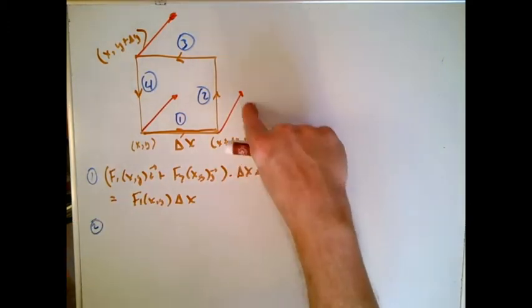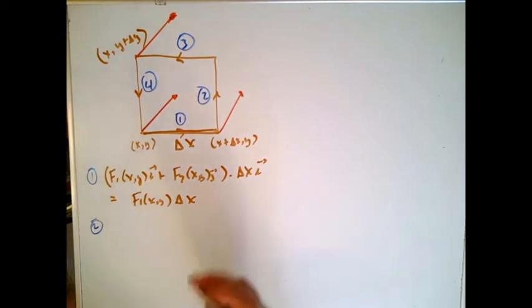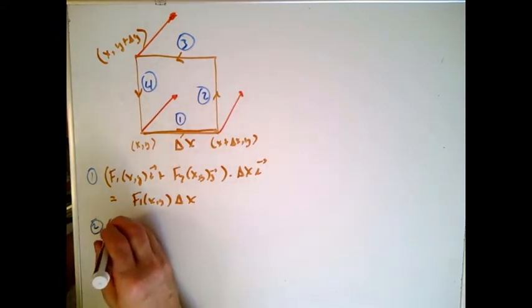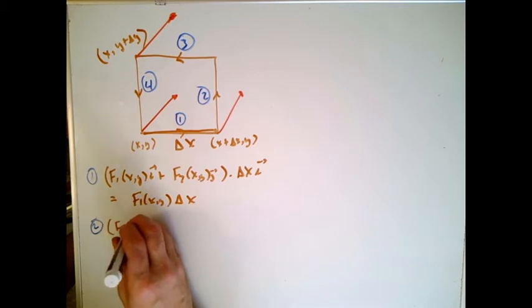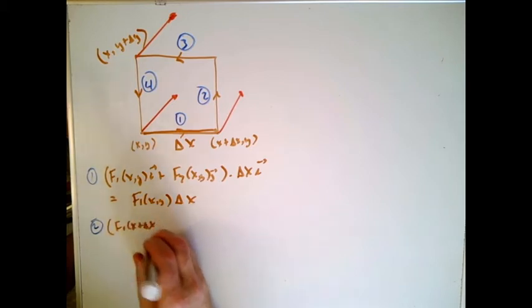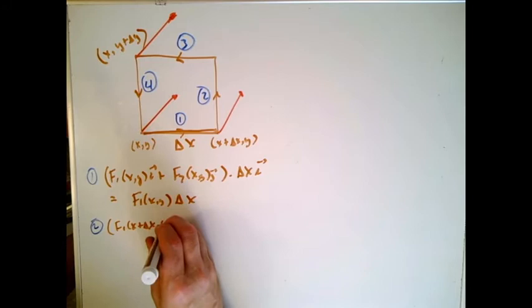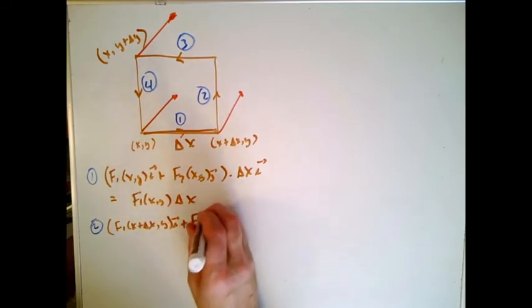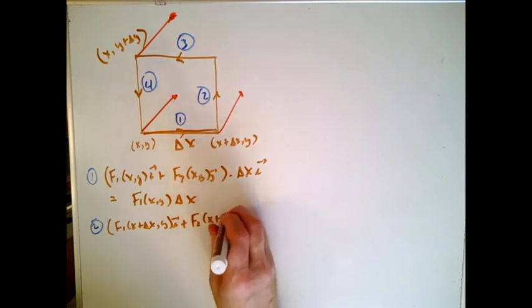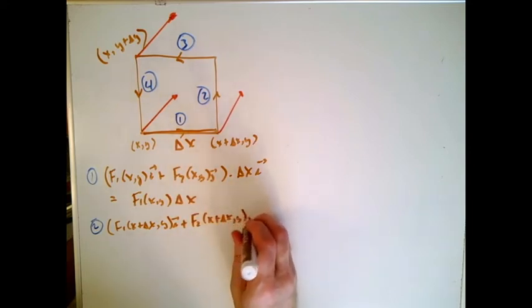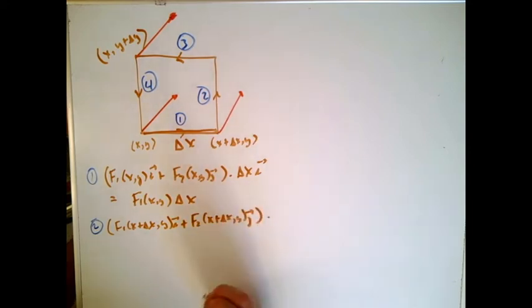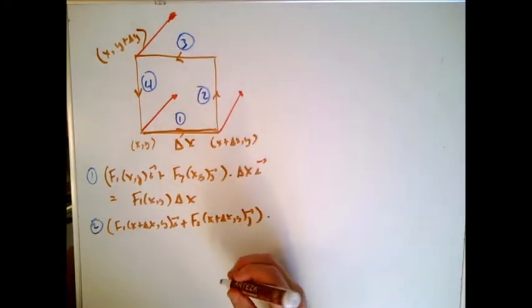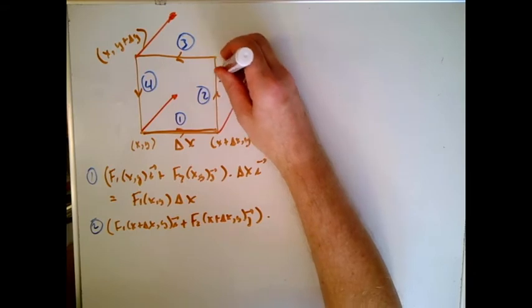I need the vector that we're going to get along the right side. So we plug in x plus delta x, y into our formula. We're going to get f1 of x plus delta x, y i plus f2 of x plus delta x, y j, like that. And I need to dot that with this vector that goes due north and has length delta y.